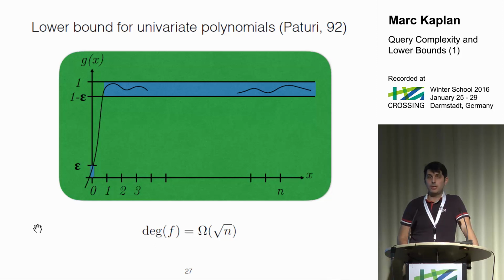If the input has no ones, the all 0 input basically, then the value of the polynomial has to be very close to 0, at most epsilon away from 0. And now for all other possible values of x, it has to be very high, in this stripe here.